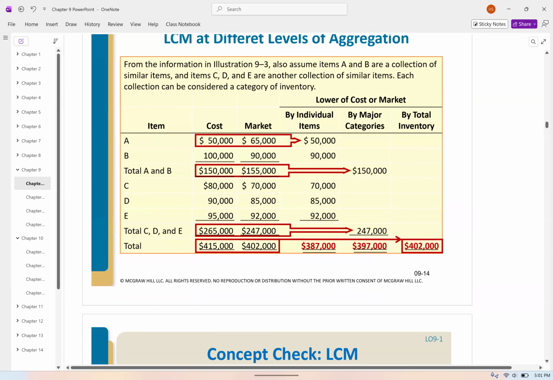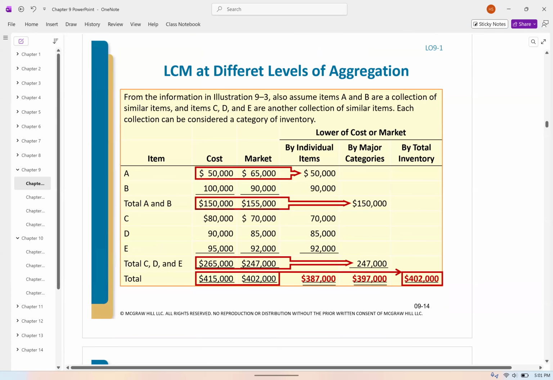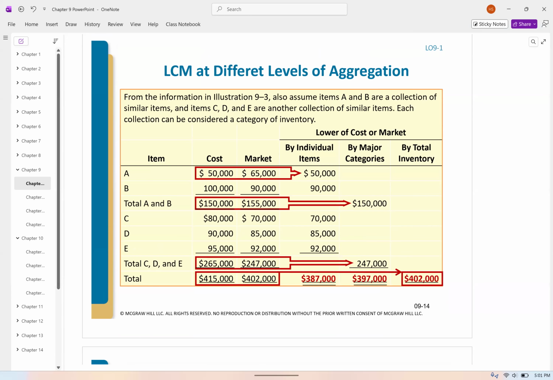There can be aggregation at different levels, which would make some of your numbers a little different. So there could be some potential for fraud, but like I said, most of the time this is going to be used during the interim, probably not at the year end. So audited financial statements are probably going to be okay.